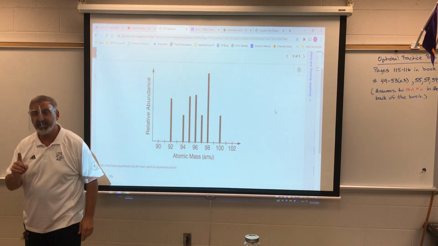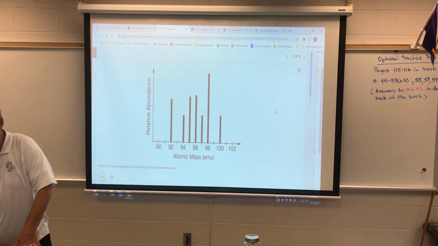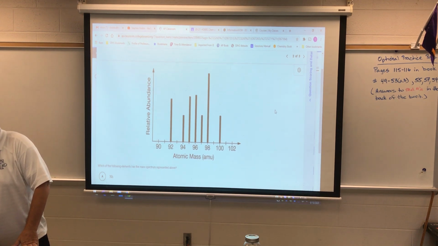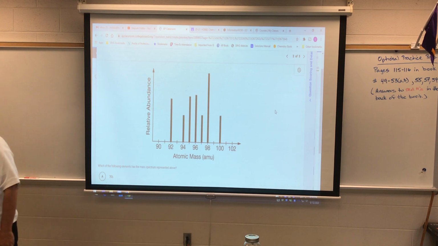Now, the common mistake is to go to atomic number on this. This is atomic mass. Mass spectrum measures mass. So we come over here, and the periodic table, although it's arranged by atomic number, the mass generally increases with atomic number. That's how Mendeleev did the table originally, by atomic mass.